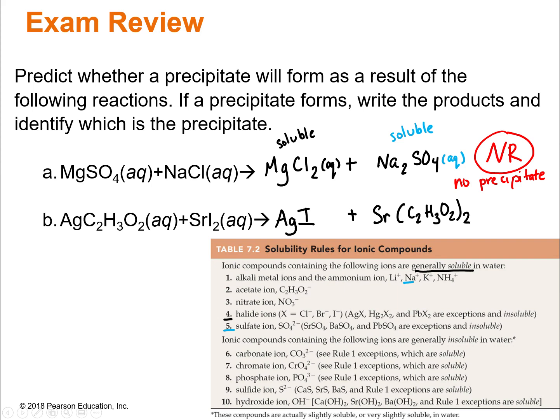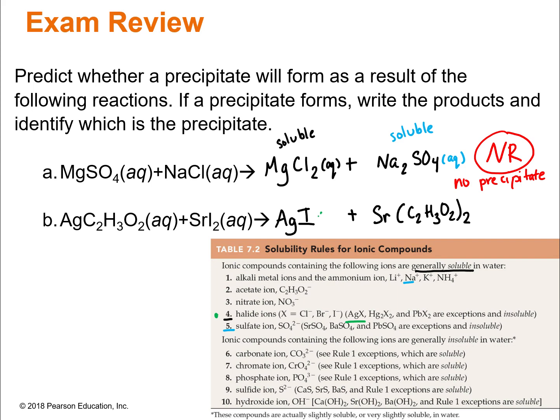Now we need to use the solubility rules to see where we are. So again, iodide, that's a halide. They're generally soluble. But there are exceptions, and silver is an exception.